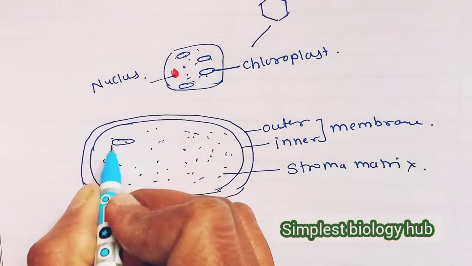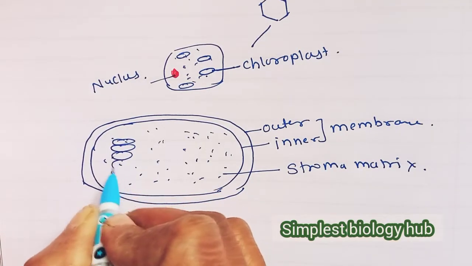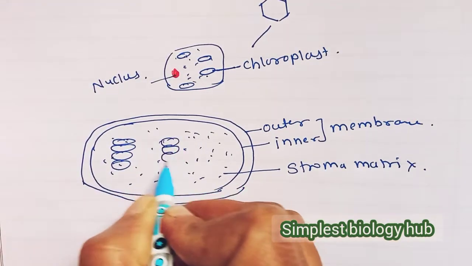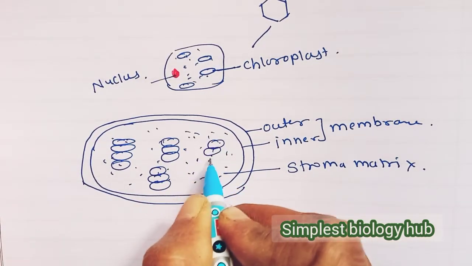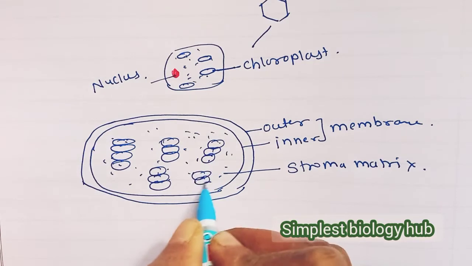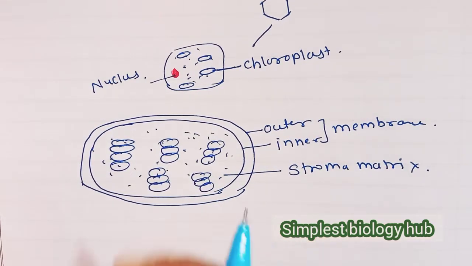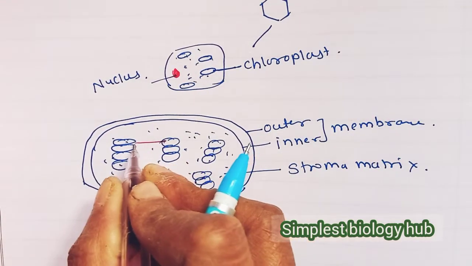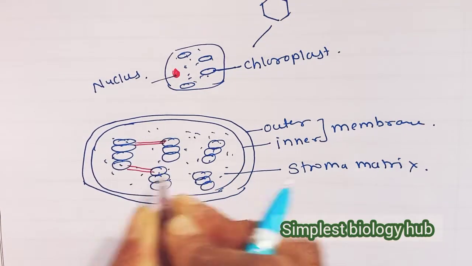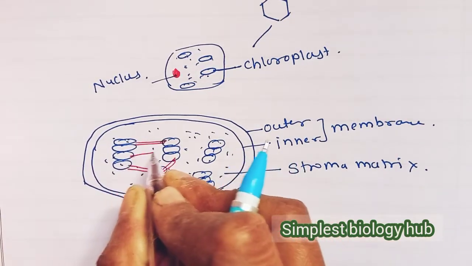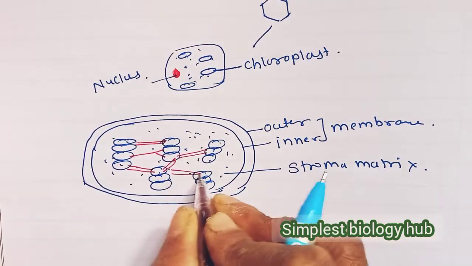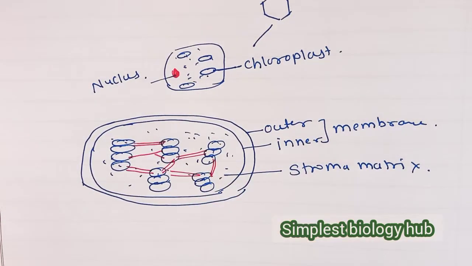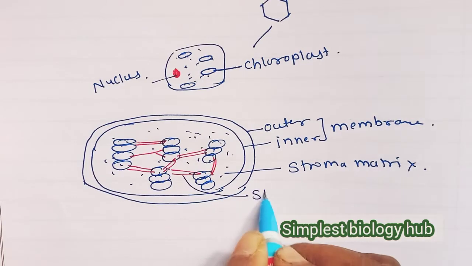It has some stacks or bundles arranged on each other, and they are scattered all over the chloroplast, and these stacks are attached to each other by lamellae. Each stack is attached to the other, that we call stroma lamellae.